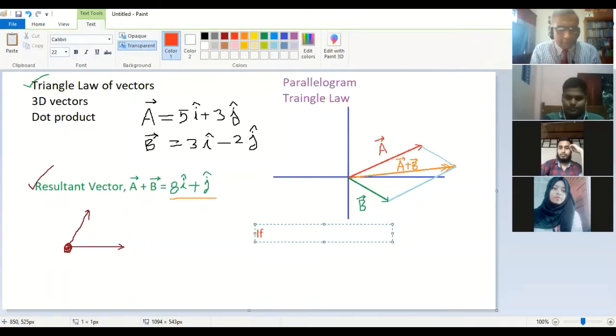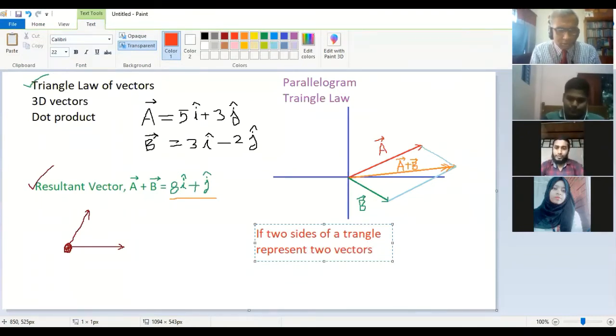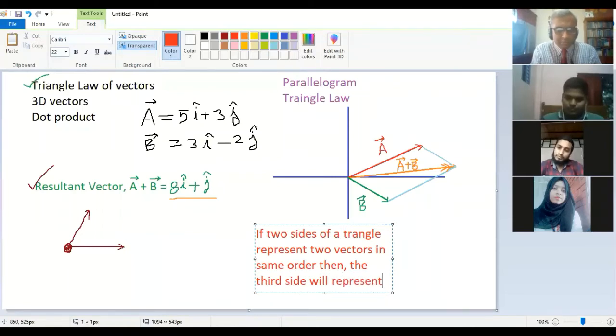If two sides of a triangle represent two vectors in the same order, okay, the same order, then the third side will represent the resultant vector.